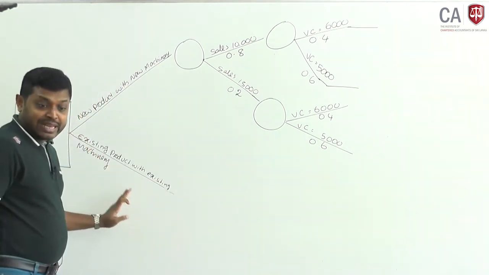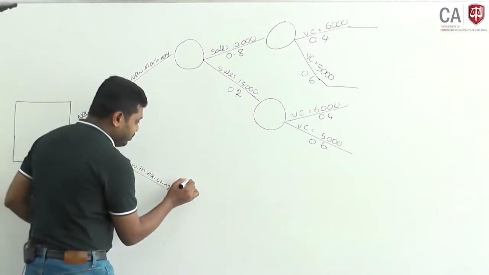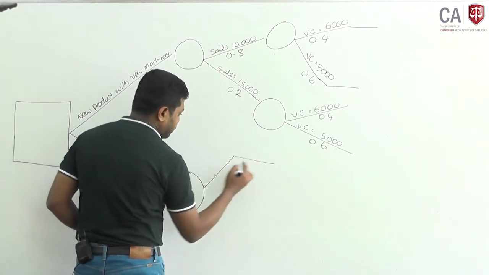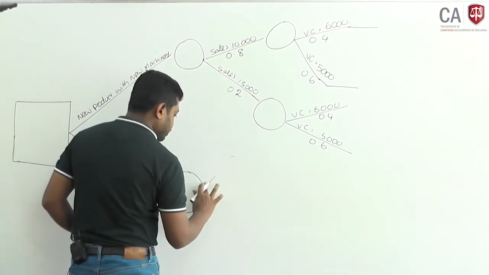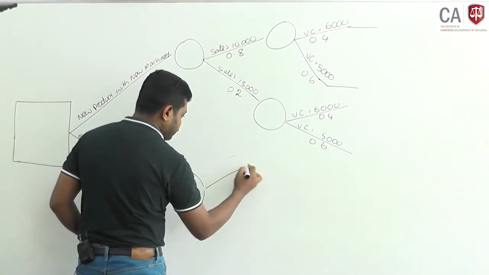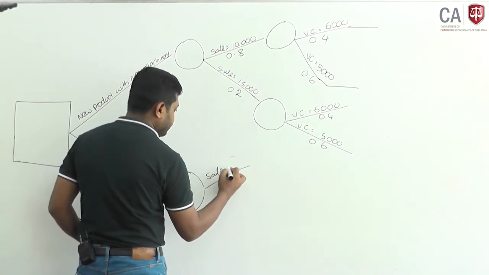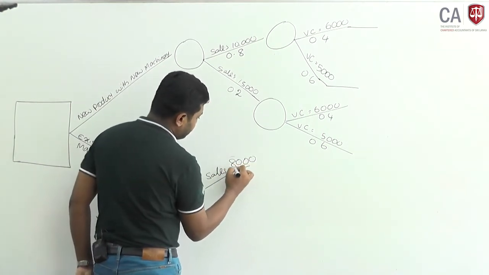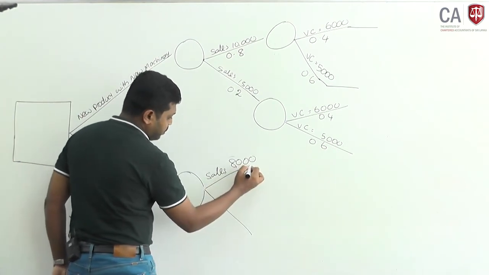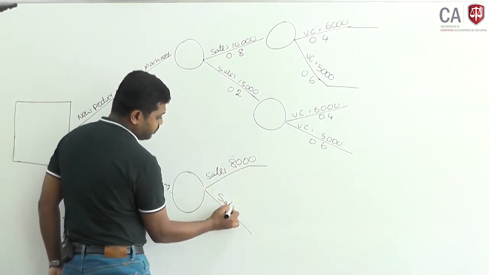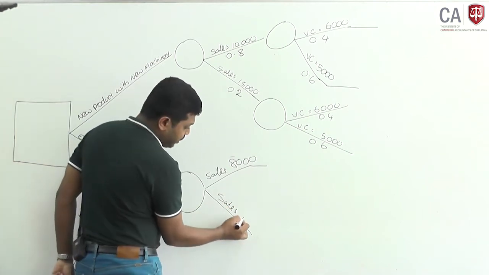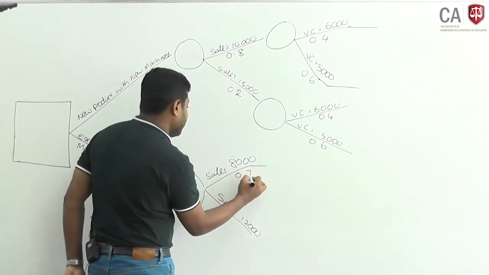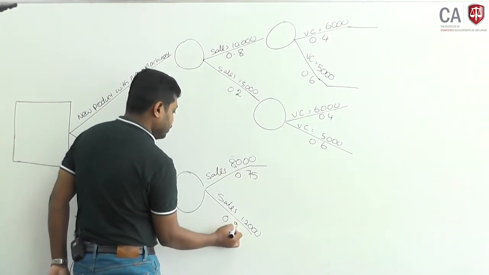If we are going to use the existing machinery, sales units will be 8,000 or 12,000, with probabilities 0.75 and 0.25.